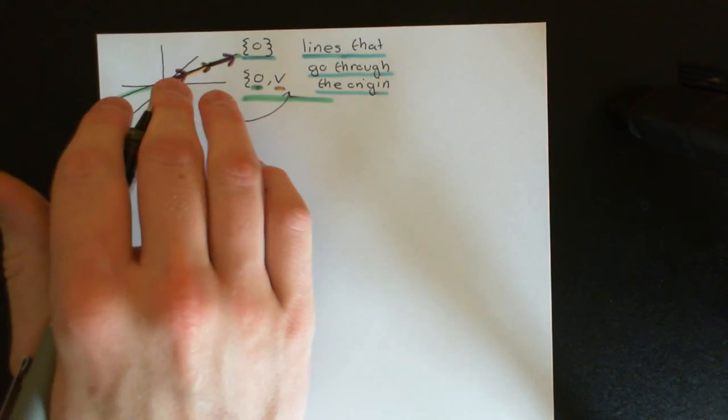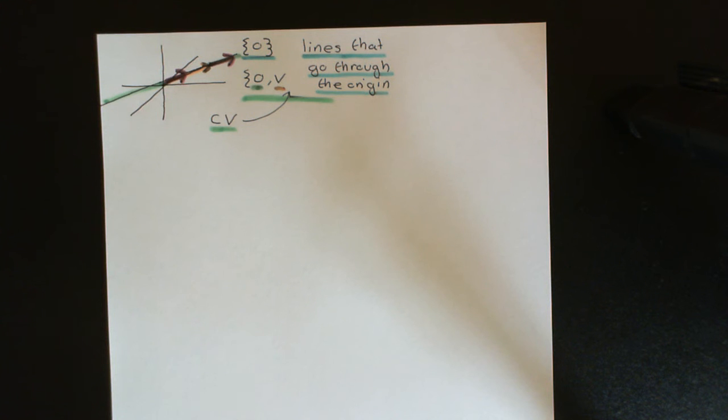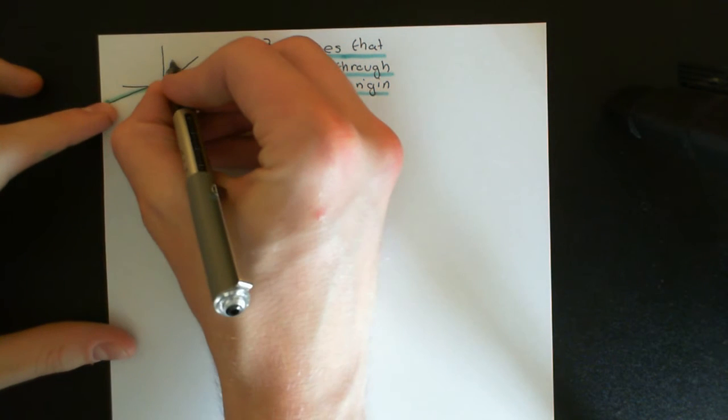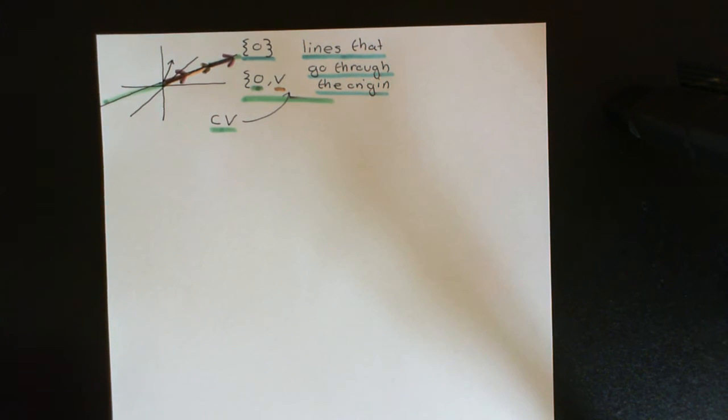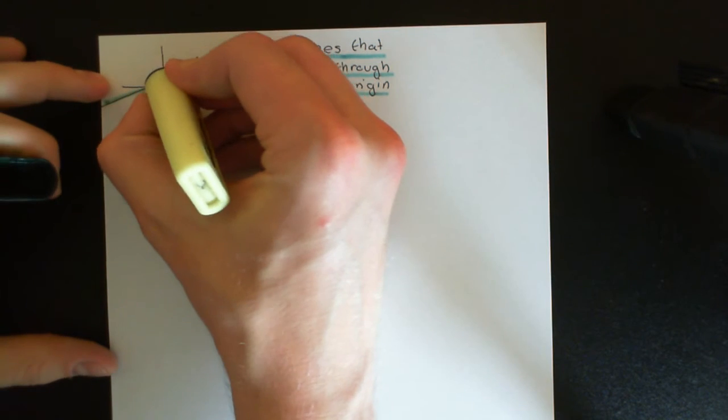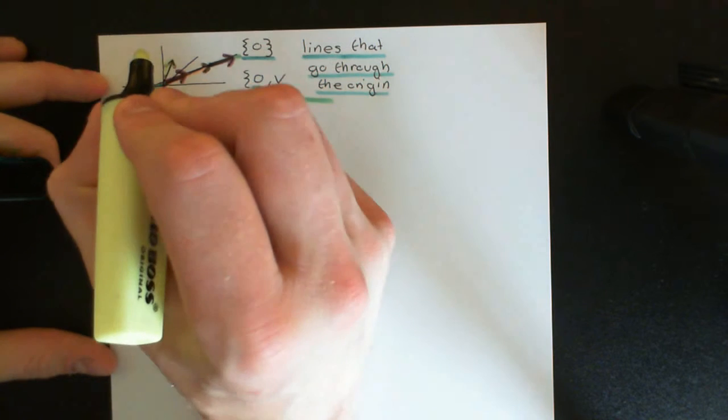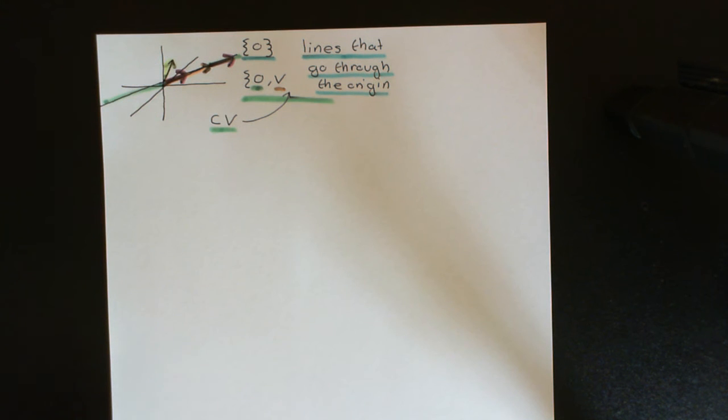So I've got my line here, but I want to add another vector in, a vector that's not on that line. So let me now put this other vector here. Here is a vector that is not on that line. It's not parallel with all the other vectors that are already in my subspace. Now, the instant that I put in that vector, I'm going to have to put in a whole bunch of other vectors, and it's our job now to figure out how many other vectors I'm going to have to put in.